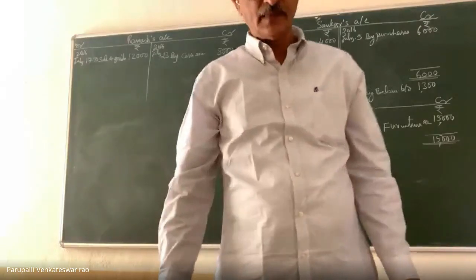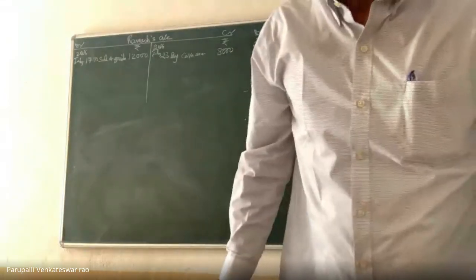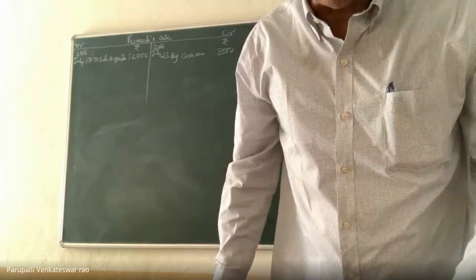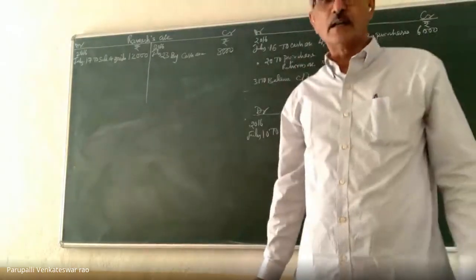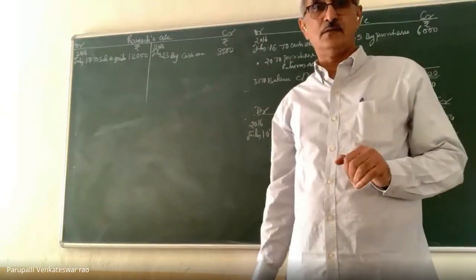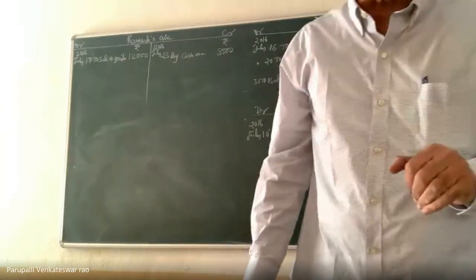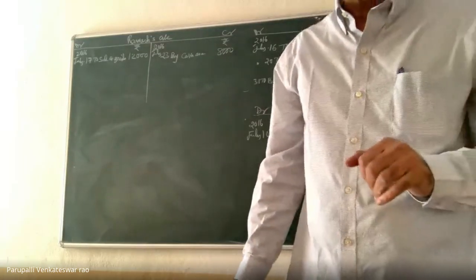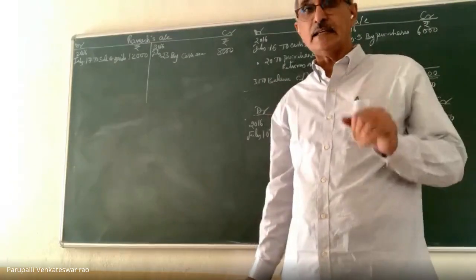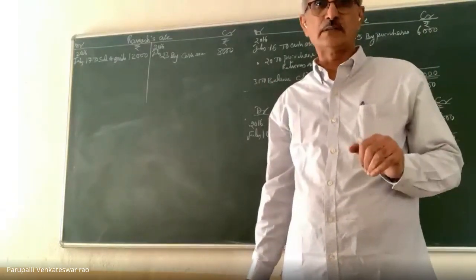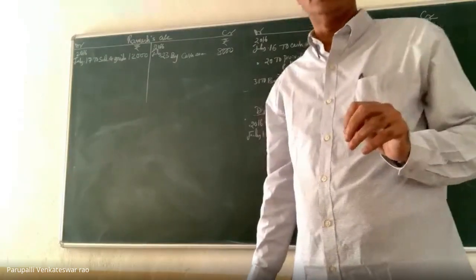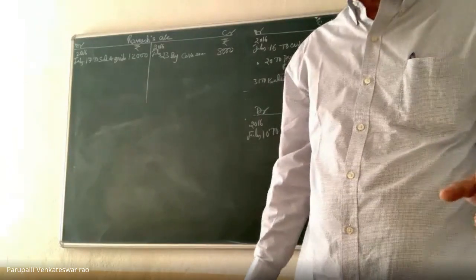Next one, what happened? Ramesh returned goods worth 1,000 on 27th. What is the entry recorded on 27th? Sales returns account debtor to Ramesh account.